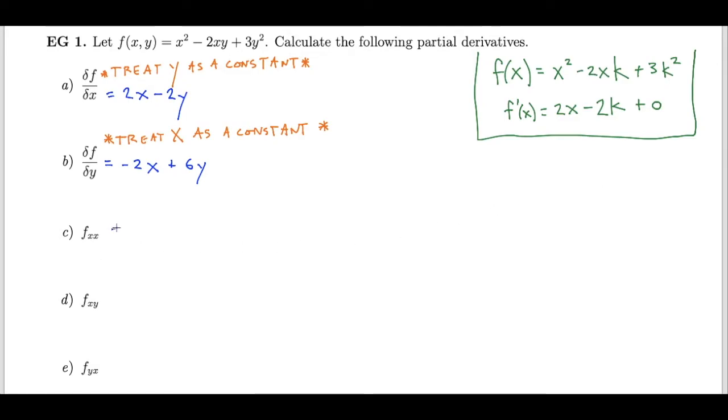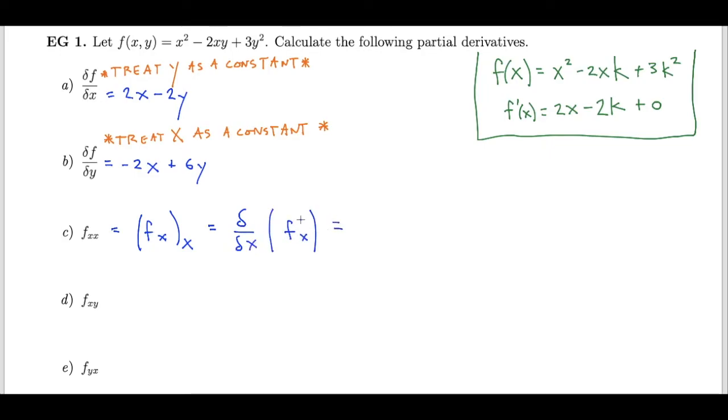To clarify this notation, I will calculate the partial derivative of f with respect to x. That's my answer from part A. And then to that derivative, I will again apply the partial derivative with respect to x. So another way of writing this is to say I will apply the partial derivative with respect to x to f sub x.